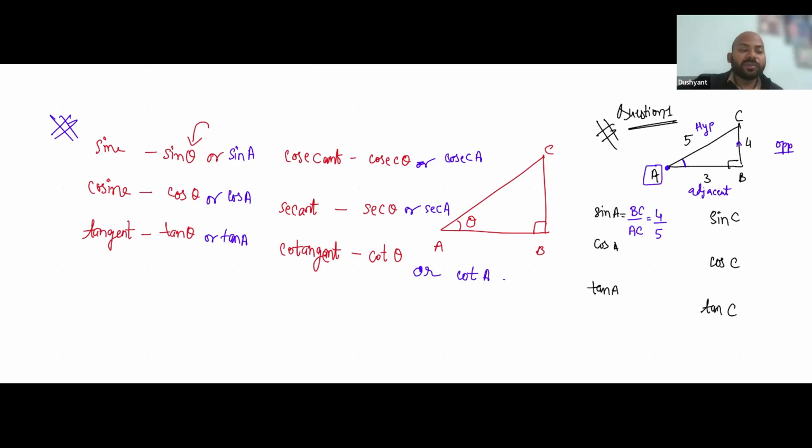One more thing. We usually call this opposite side a perpendicular. You don't need to keep it in mind, but if you can memorize it, that would be very helpful.